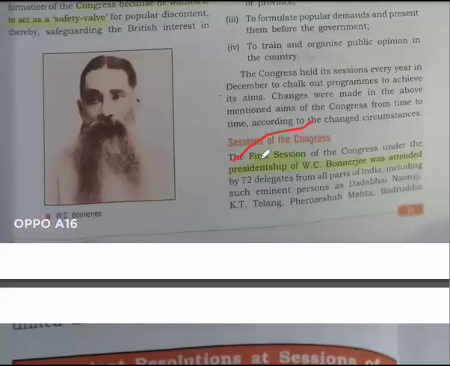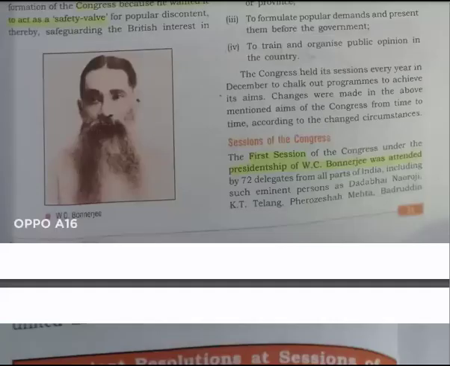So, the sessions of the Congress. The first session of the Congress was under the presidency of W.C. Banerjee, also known as Umesh Chandra Banerjee, with 72 delegates, meaning educated Indians from all parts of India, including such eminent persons as Dadabhai Naoroji, K.T. Telang, Pherozeshah Mehta, and Badruddin Tyabji.